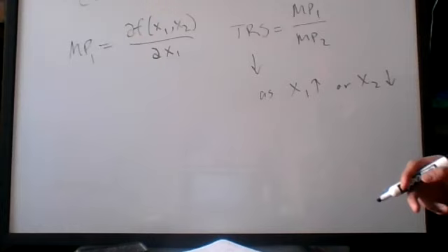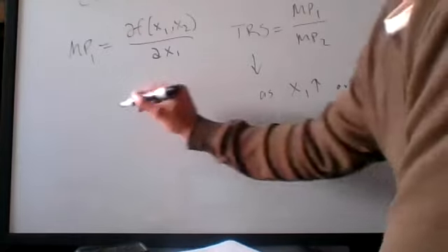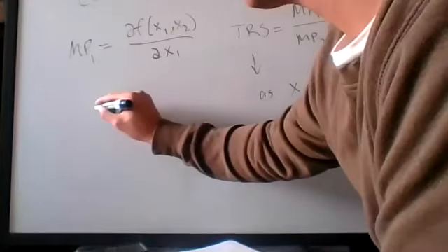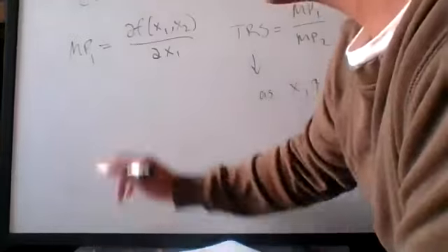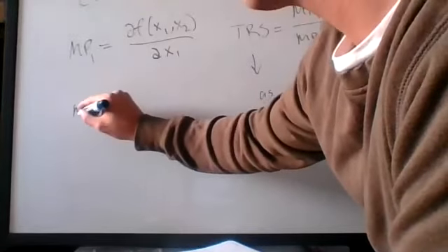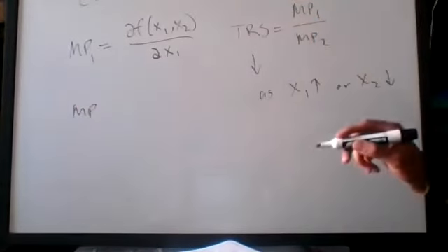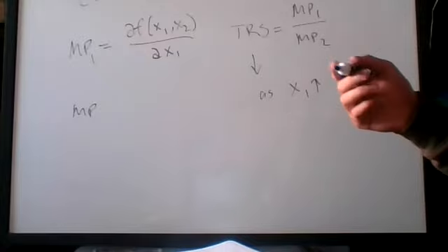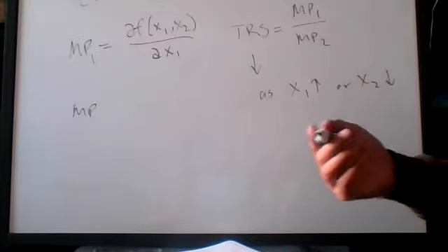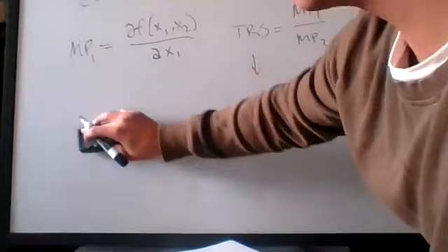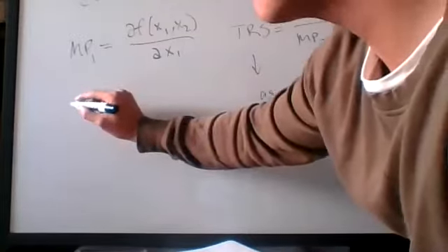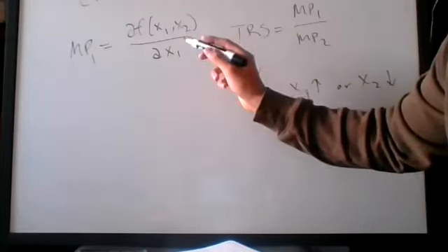Anything with diminishing marginal product is referring to, I think, probably the second derivative. If you have diminishing marginal product, the second derivative is going to be negative, right?